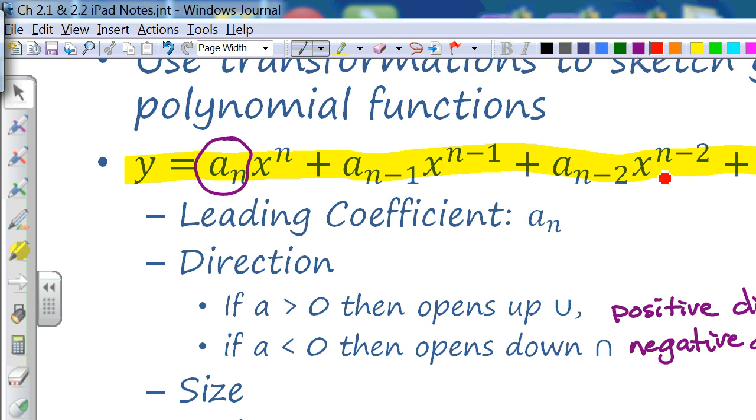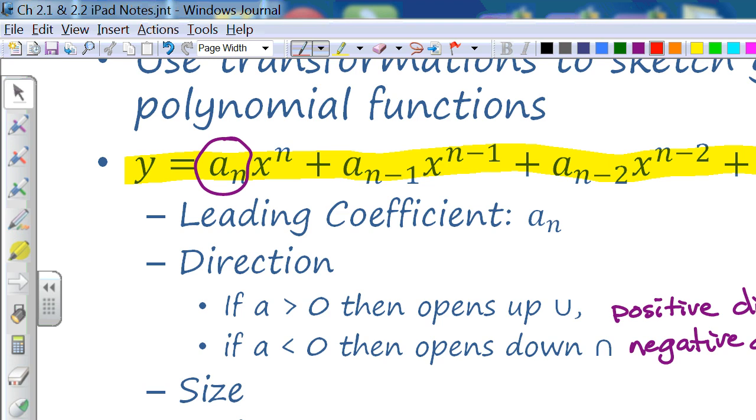Whereas if I have a negative coefficient, it's going to look more like that, which is going to give me an overall negative slope. Okay, so that's what positive direction, negative direction means. If it's even, then both ends are going to go positive, or if it's a negative coefficient, they're both going to go negative. But if it's odd, it has more of a directionality to it.